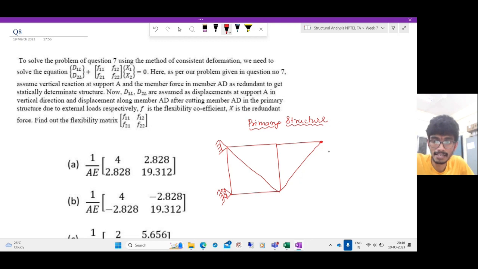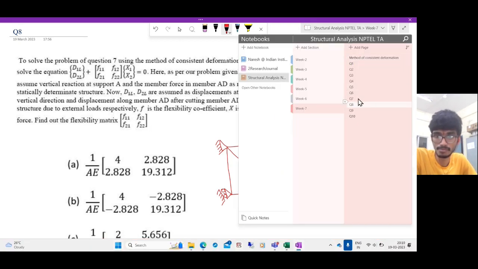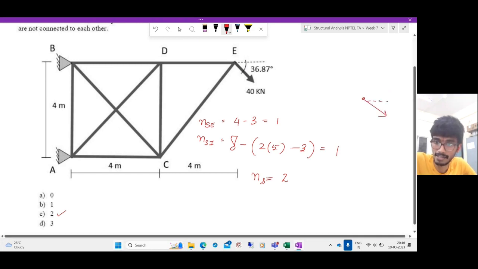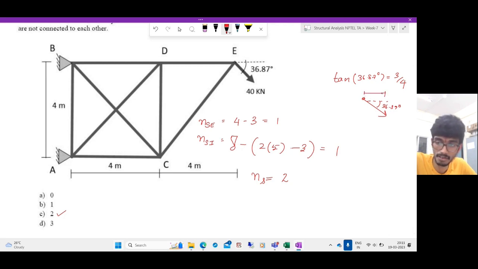The given loading conditions can always be represented as a superposition. The applied load is 40 kilonewtons at an angle of 36.87 degrees. The tan of this angle is quite common, it is 3/4, which means the horizontal component of the load is, sorry, 4/5 times 40, which is 32.